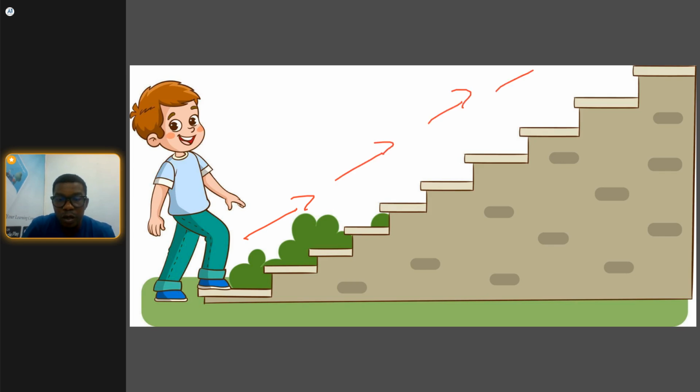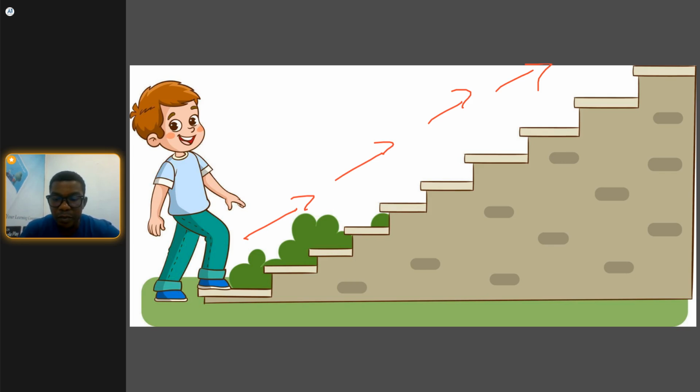So is it work done or work not being done? Yes or no? Just tell me whether yes or no. A boy climbing the staircase. So I'm waiting for your response. That diagram, does it illustrate work done?